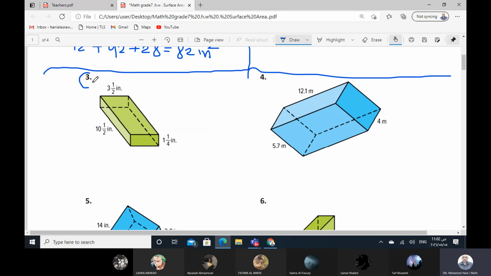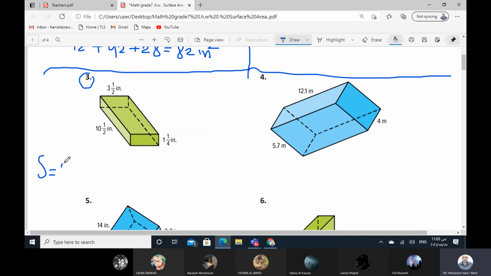Number 3, the same question. So start S, means the surface area equal. Now we have this face and here the opposite, congruent and parallel with the same face.